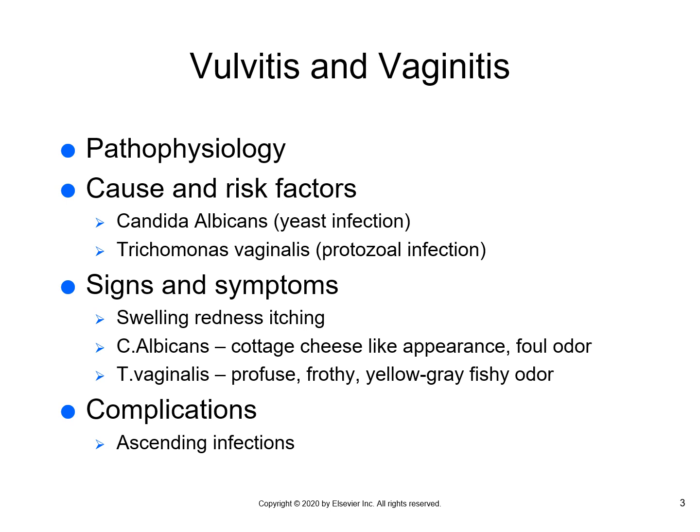Vulvitis and vaginitis. So, vulvitis is the inflammation of the vulva, and vaginitis is the inflammation of the vagina. Okay, what are the common causes and risk factors? A common cause is Candida albicans, or the yeast infection, and the other one is Trichomonas vaginalis, which is a protozoal infection.